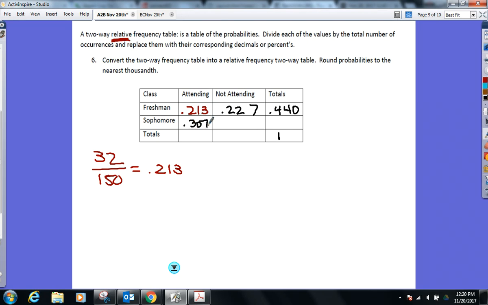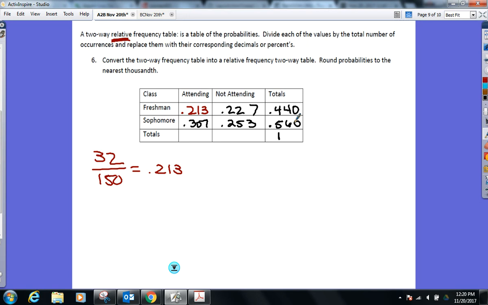Here we go. Not attending sophomore. 0.25. Adds up to 1. Okay, here we go.